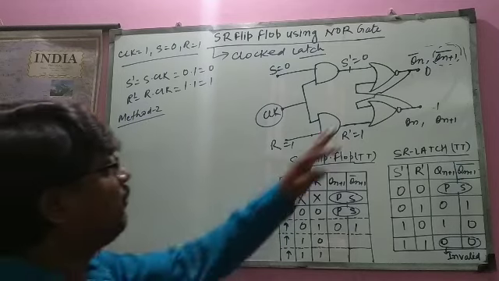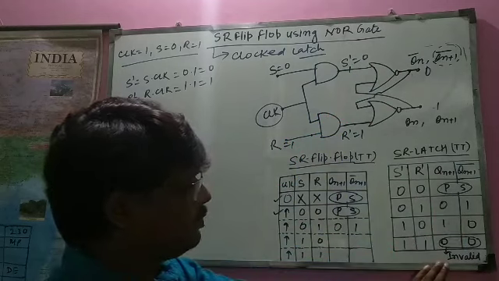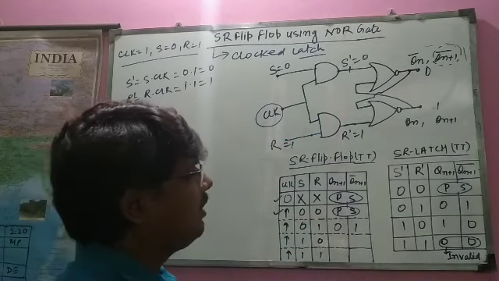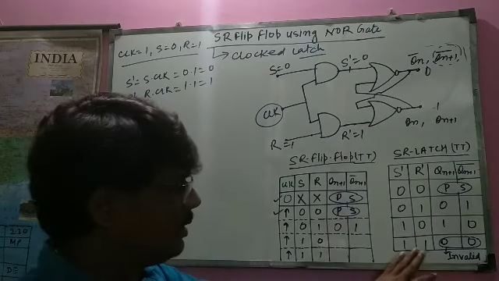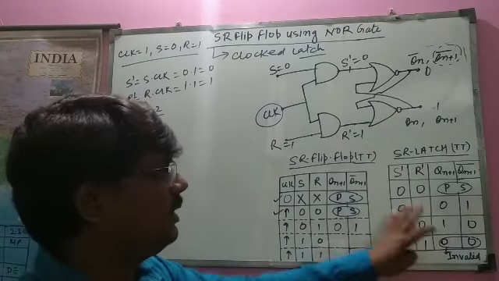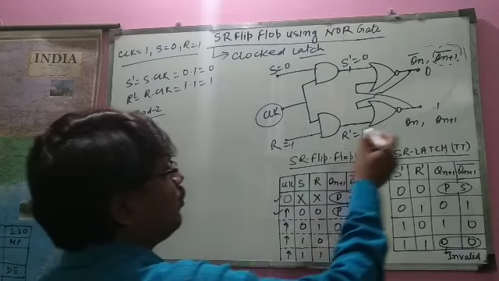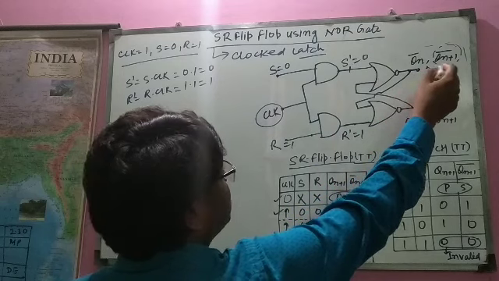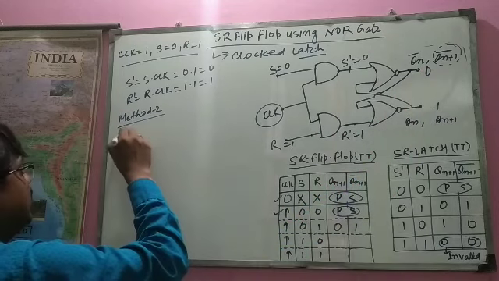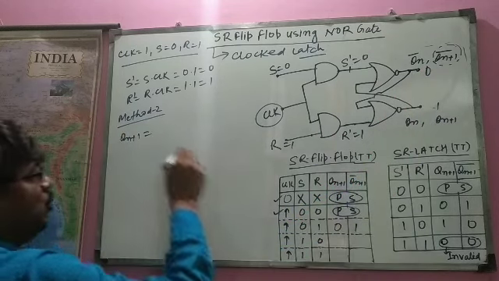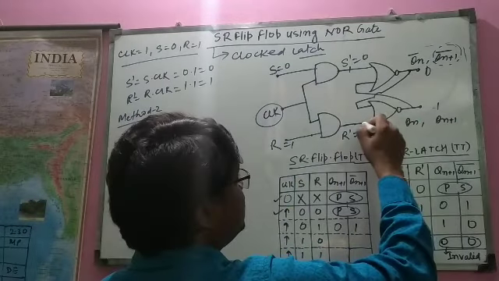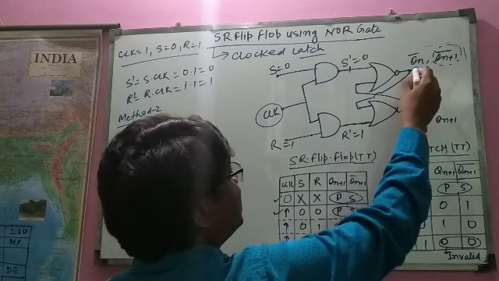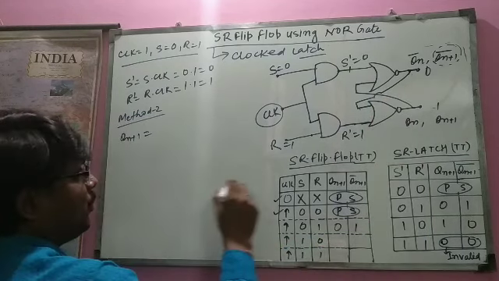So we have calculated one by using the method of this SR latch using NOR, or if we do not have this truth table, then what will we do? How can we calculate this output? Let us see. This Qn plus 1 will be the function of these two inputs, and here it is 1 and here it is Qn bar.